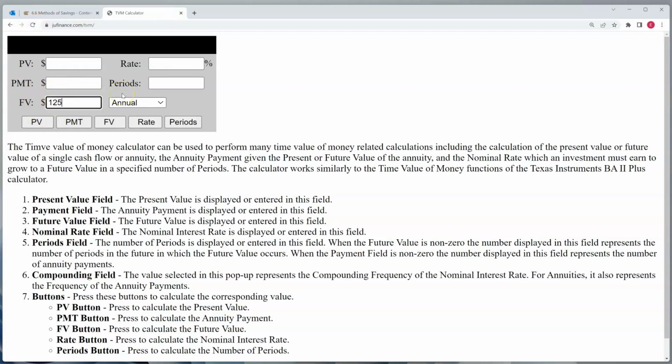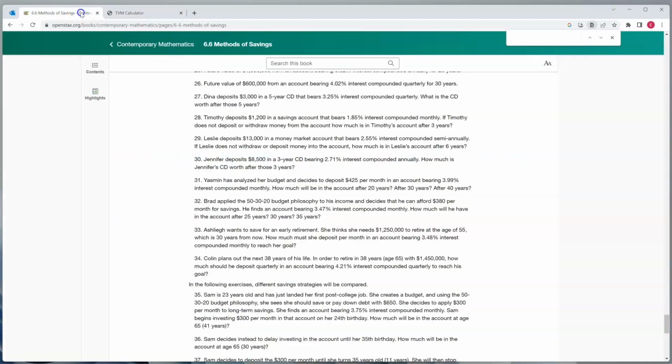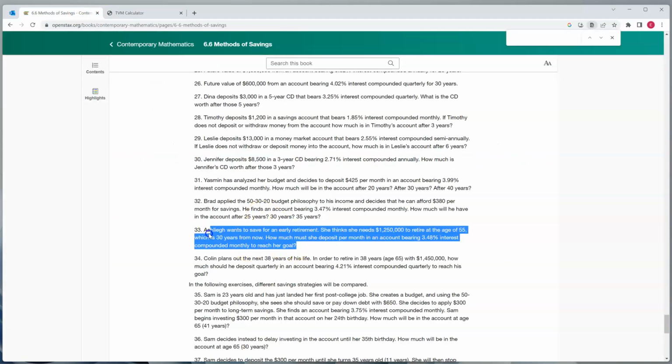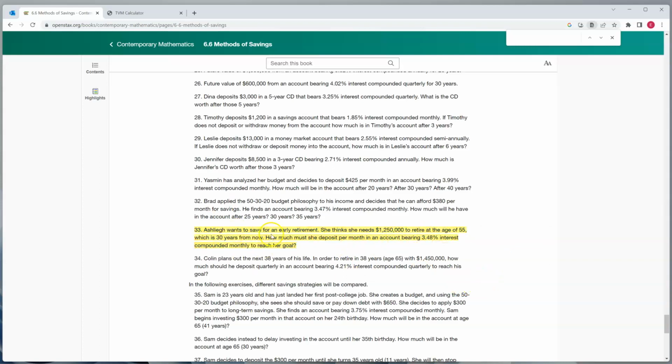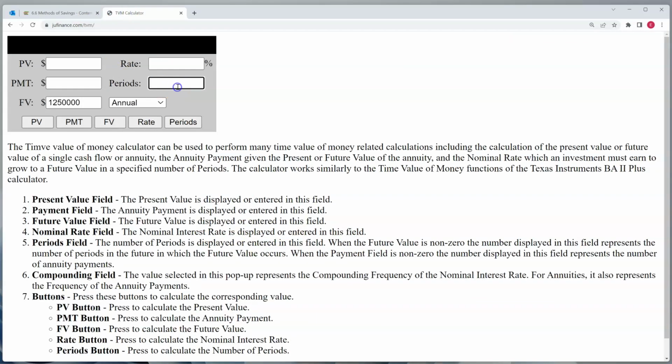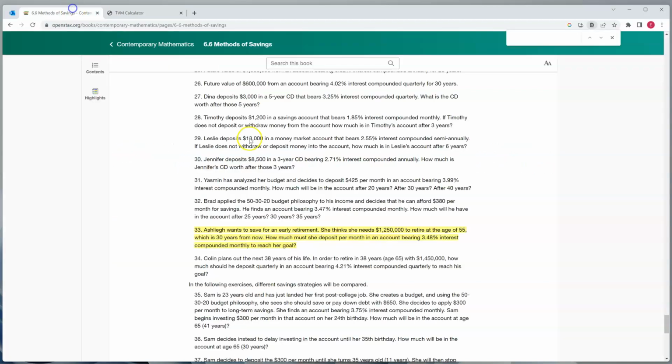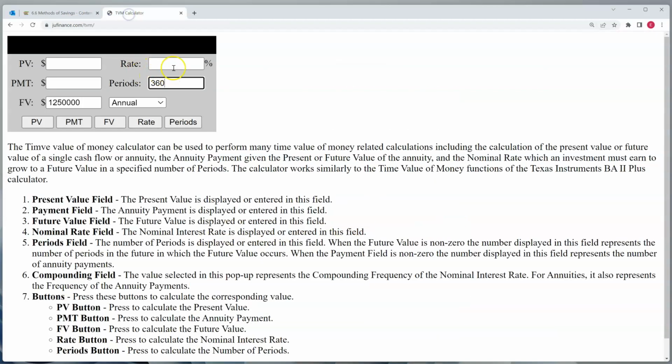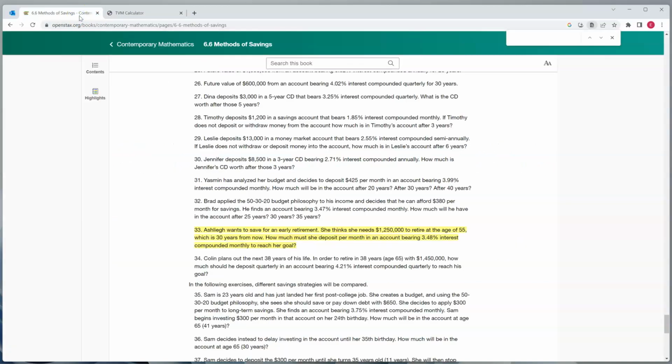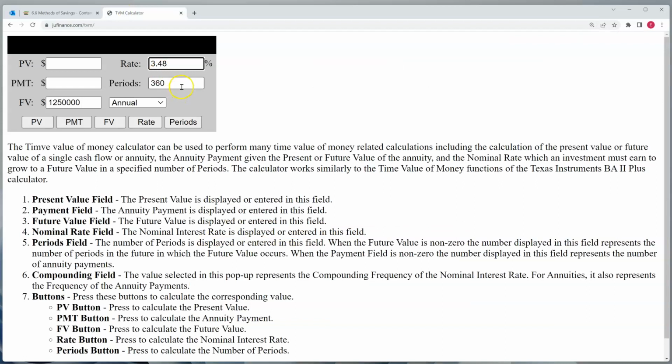So Ashley wants to have $1,250,000 in 30 years. Let me highlight this so when I keep coming back to it, I know what I'm looking at. So in 30 years, 30 times 12 is 360, at a rate of 3.48%.